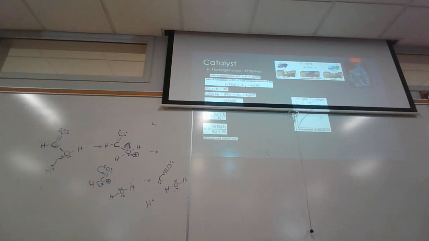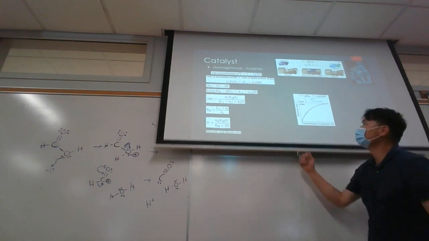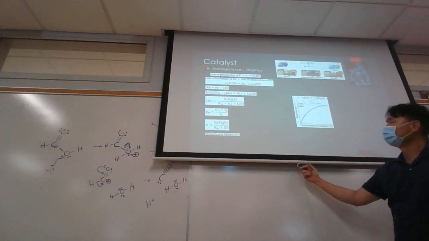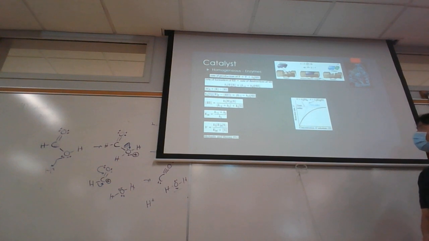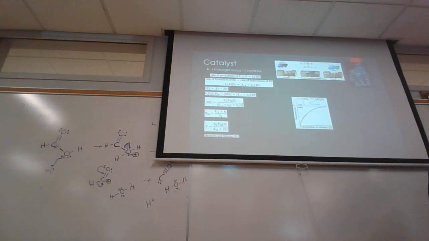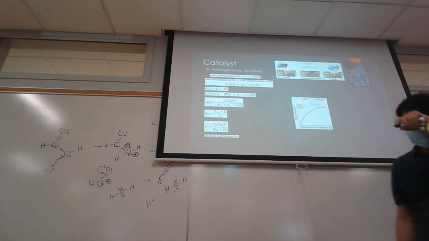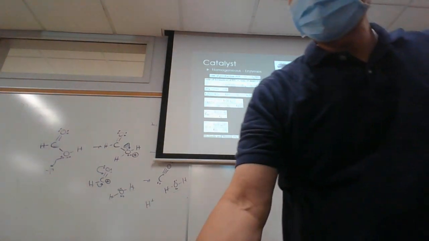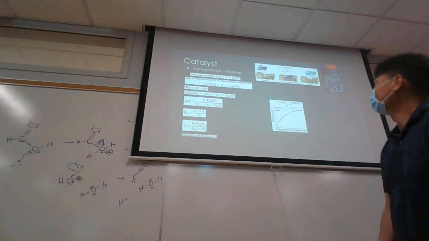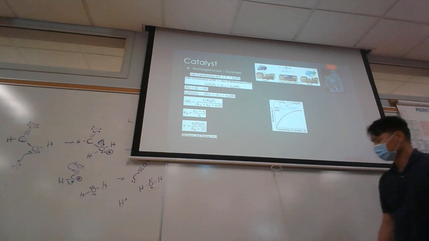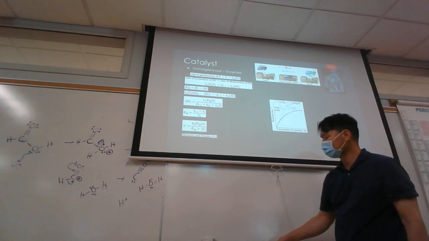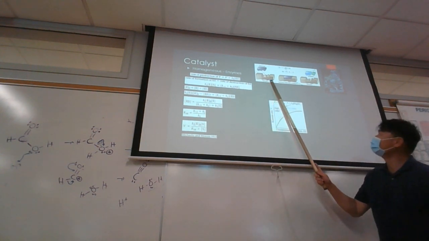All right. Finally, we have this one application from enzymes. Enzymes are biological catalysts. And so they give different names to this thing. The catalyst is called the enzyme here.